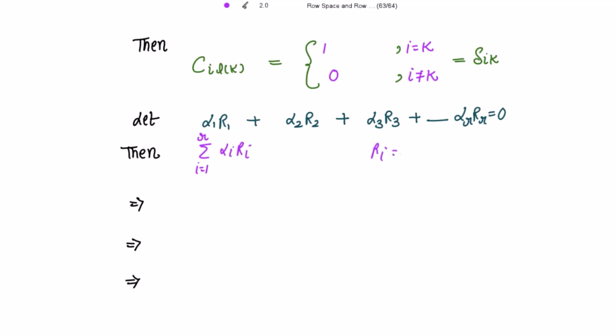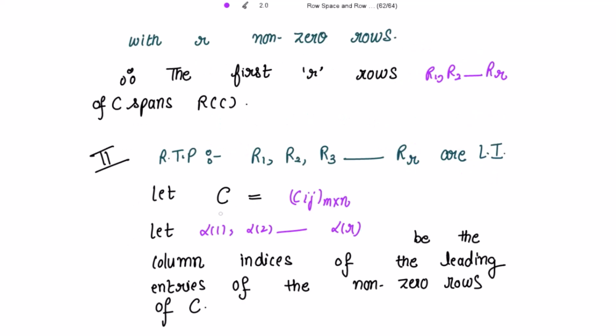Because R_i is the ith row, it has the elements C ith row first column, then C ith row second column, and so on up to the element present in the ith row nth column, because the number of columns is n. We have defined here that C is a matrix of the form C_ij, m by n.